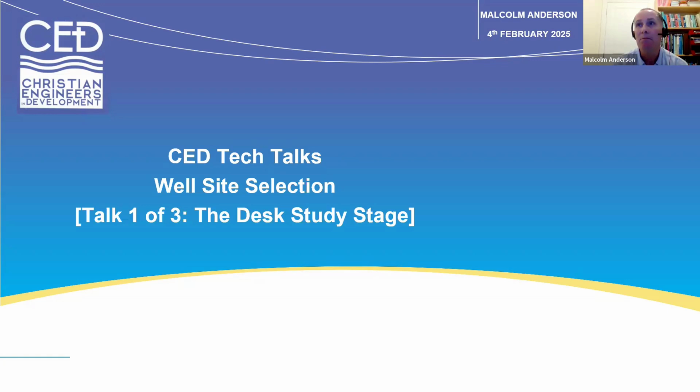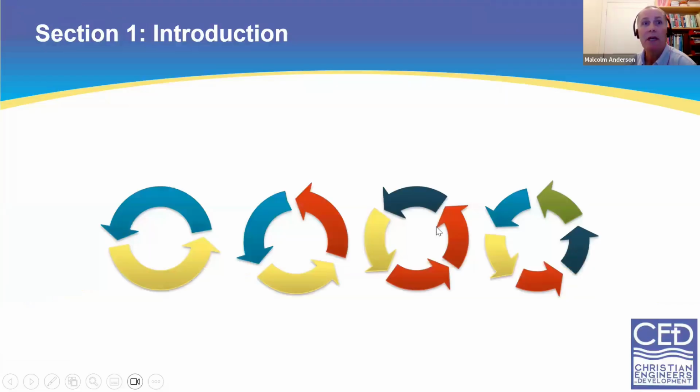So the best methods to locate wells are hydrogeological, and the reason for that is that in most locations you can find water. It's just knowing which layer to go for to get the water supply you want, and to make sure that the water quality is also covered as well. So with no further ado, let's go into the presentation and see how that works out.